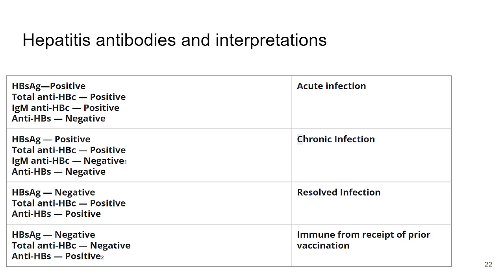If HBsAg is negative but anti-HBc is positive and anti-HBs is also positive, only the antibodies are present, then it suggests a resolved infection. The infection has been cleared and the patient may have some residual effects in the body. If the patient has HBsAg negative, total anti-HBc negative and anti-HBs positive, then it could be due to immunity; immunization, vaccination could be the cause.